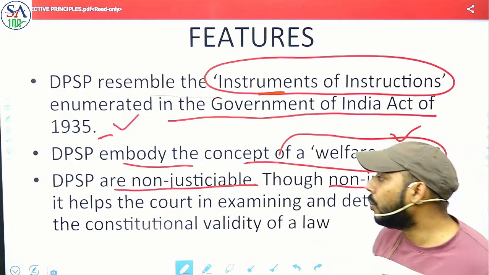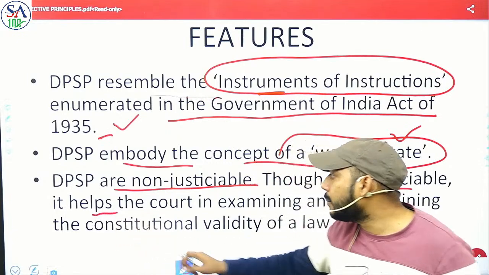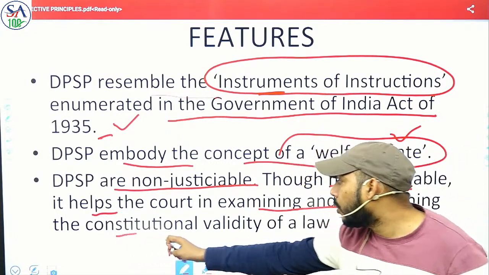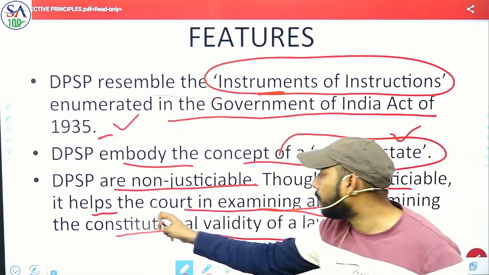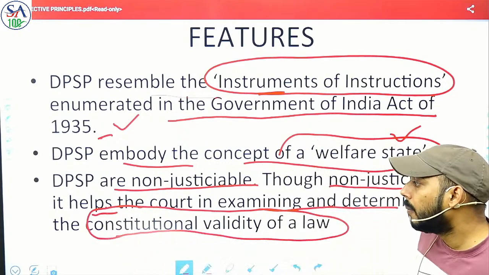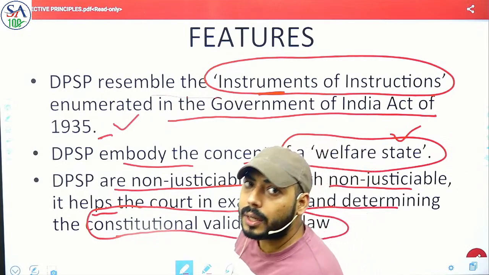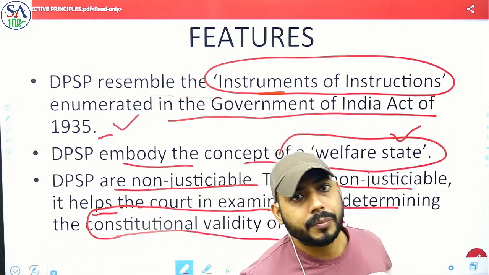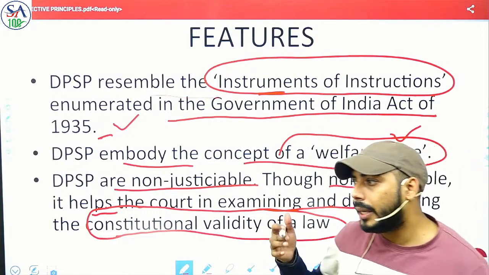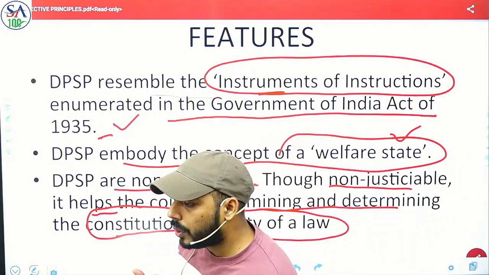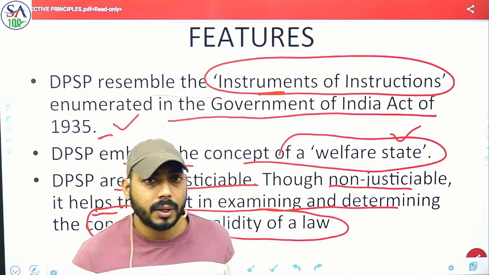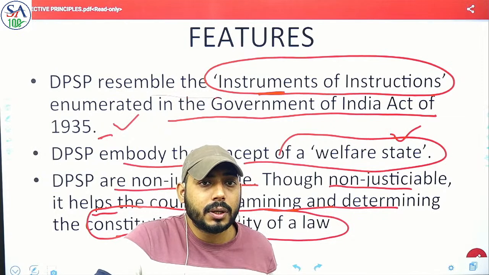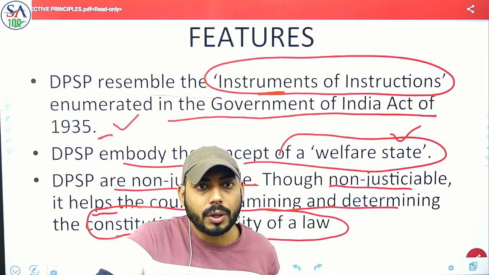However, although they are non-justiciable, they help the court in examining and determining the constitutional validity of a law. We have seen under Article 13 of the Indian Constitution that the court can see whether any law enacted or any rule and regulation formulated by the executive is consistent with constitutional principles or not.